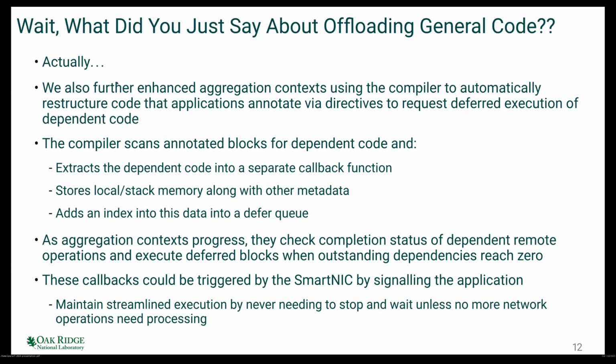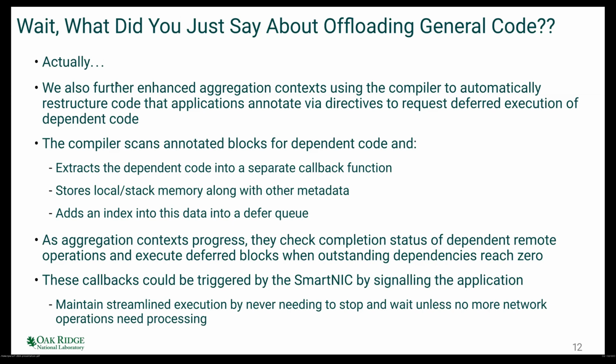But in many cases, you may have something more complicated with interdependencies, where you need to fetch some data and then immediately or soon after act upon it. And that becomes problematic. So we wanted to find a way to still streamline that. We actually already enhanced aggregation context a little further, using the compiler to restructure code that has those dependencies via OpenMP style directives to request the deferred execution of dependent code.